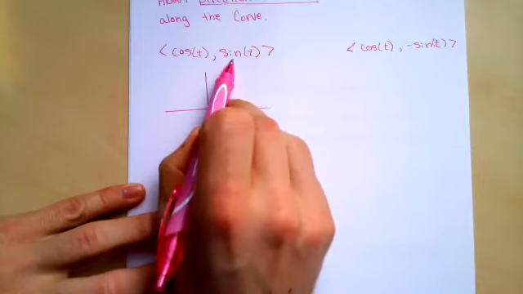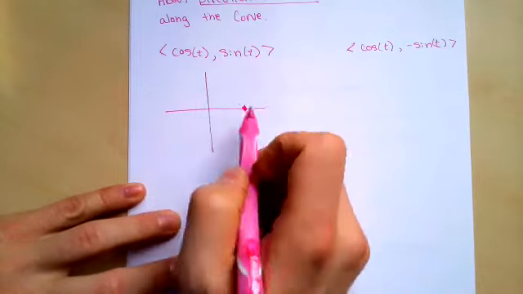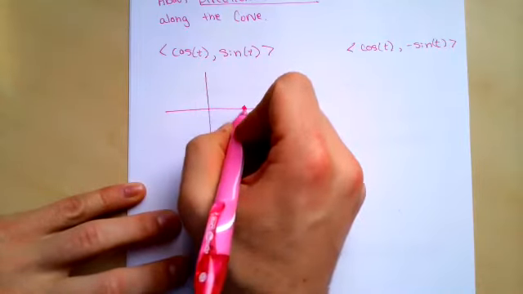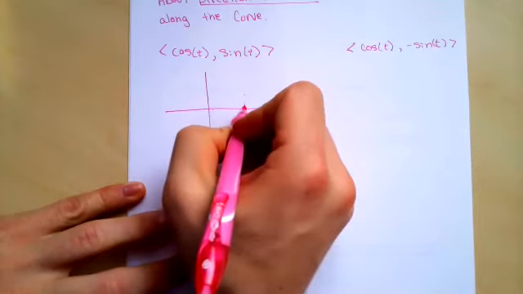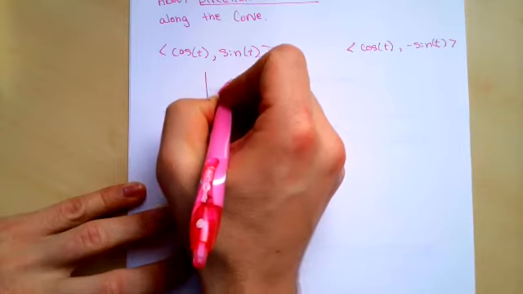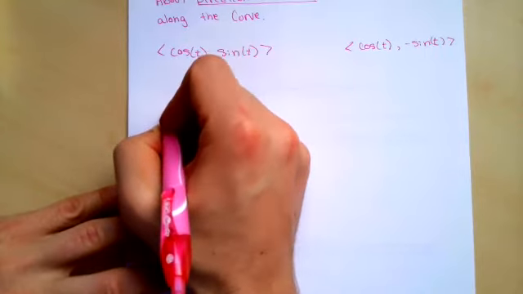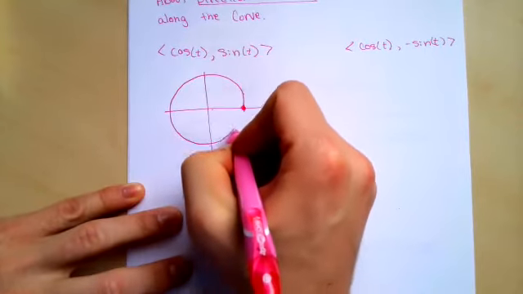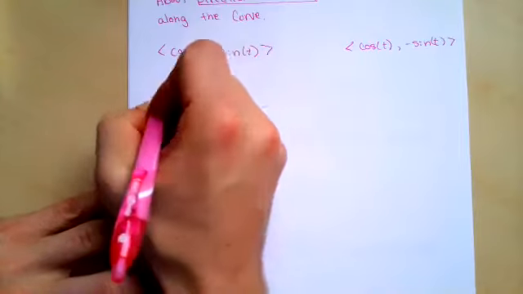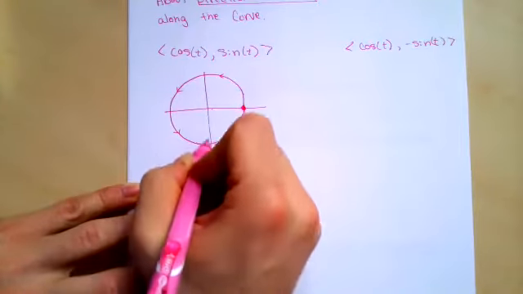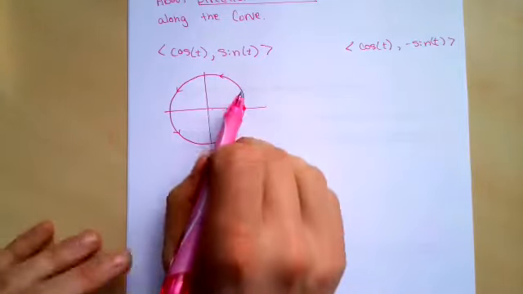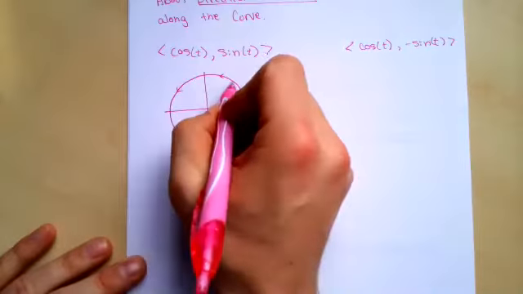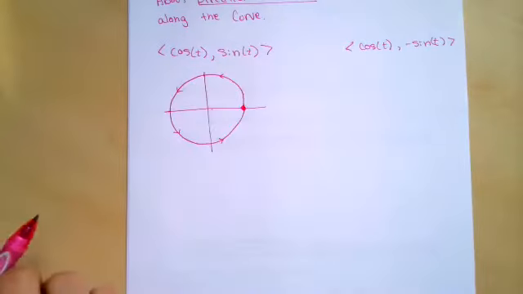And as time increases, sine starts to increase. So my x value is going to decrease, but my y value is going to start increasing. We're going around the circle counterclockwise. And so we can figure out our direction essentially by tracing the direction of time, exactly like we were doing with our tables. As time moves forward, what direction are we traveling in as we picked our points?